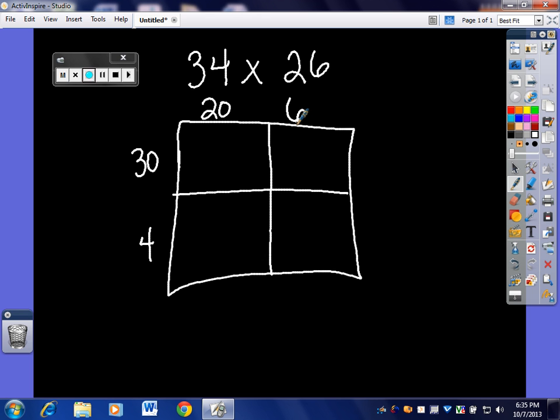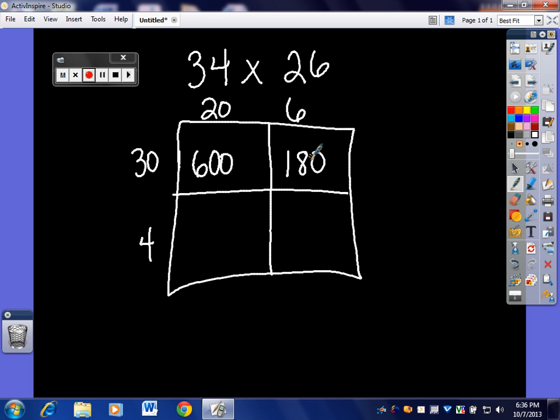Okay? Next step, we're going to multiply the numbers on the side times the numbers on the top. So if we were to multiply 30 times 20, we will get 600. If we multiply 30 times 6, we're going to get 180.